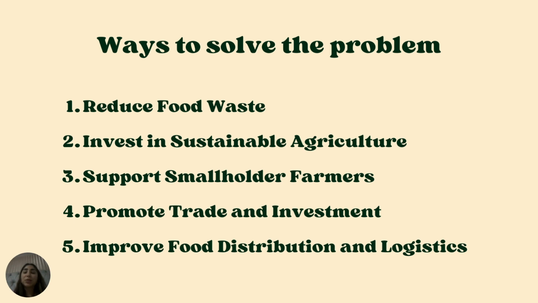This means to adopt sustainable agricultural practices to enhance crop yields, improve soil health, and reduce reliance on external inputs. 3. Support smallholder farmers. This is to empower farmers through improved infrastructure, access to finance, and extension services to boost their productivity.